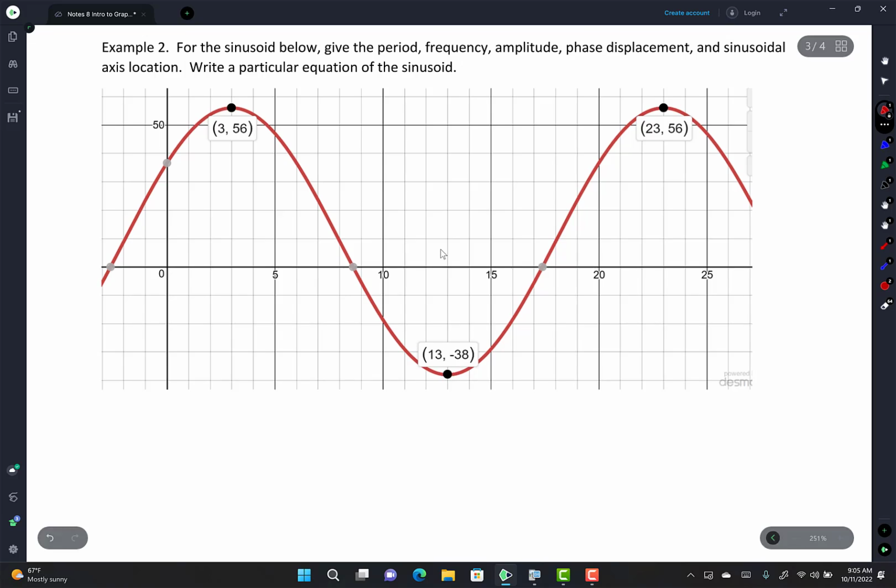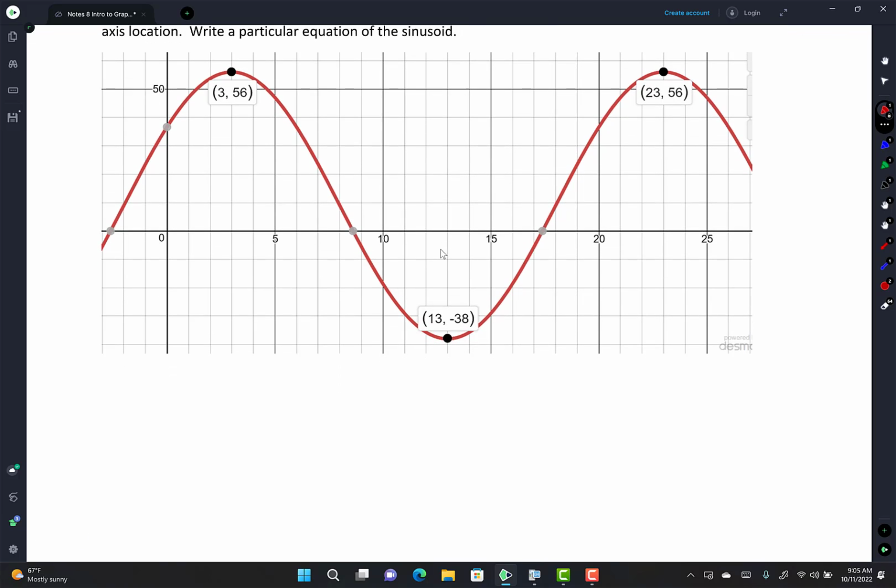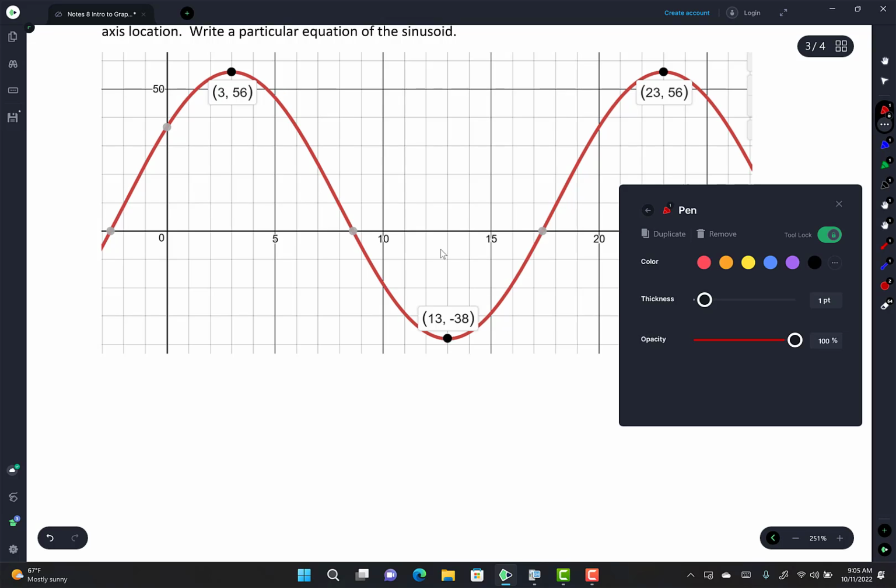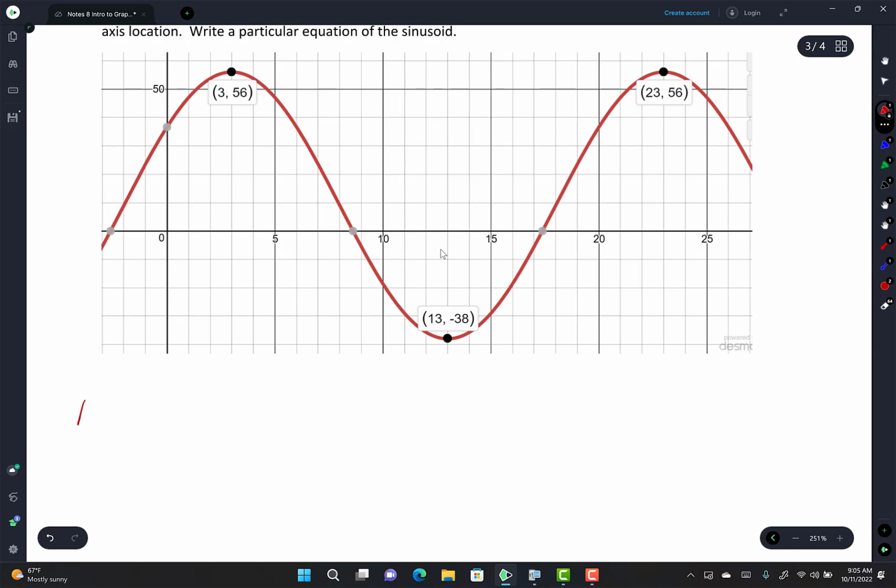Okay. In my opinion, I think the easiest thing to do is find the middle. How do you find the middle of anything? Especially when there's just one max and one min. You add them and divide by 2. So the midline, or sinusoidal axis, it's the same thing.